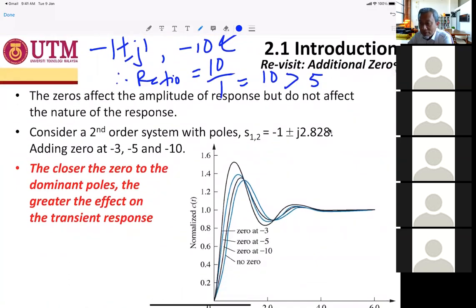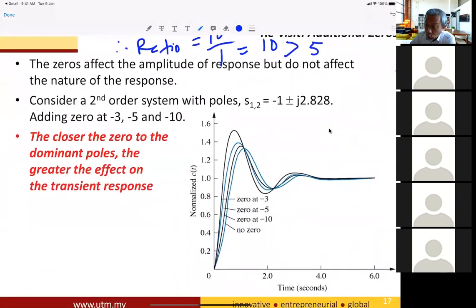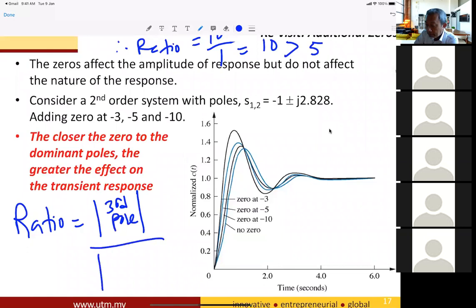Understand? Yes, doctor. Sir, can you just repeat the formula? The ratio is the third pole value divided by the real part of the dominant pole. A complex conjugate pole has two parts, real part and imaginary part, am I right?